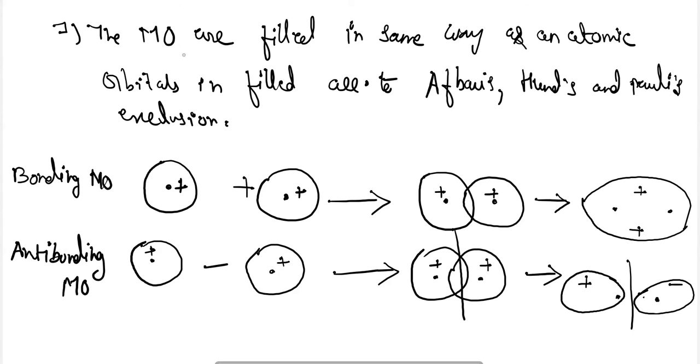Next, let's see the relative energies and how to represent the orbitals. If two 1s orbitals are combining to form a molecule, then the representation of their energy levels will be something like this.